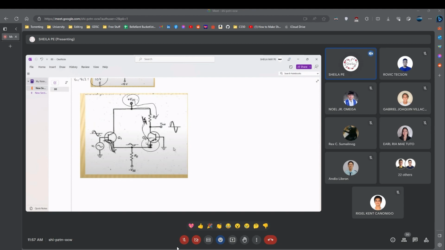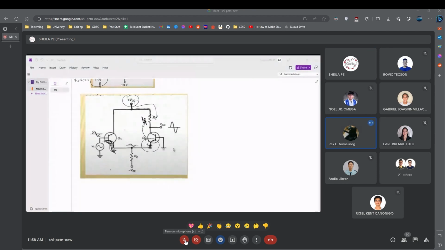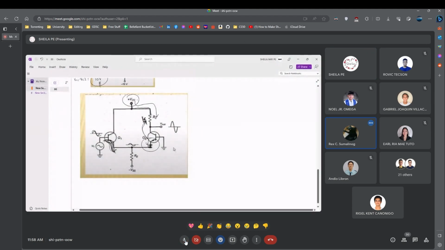When VCC passes here, together with the triggered small signal here, we have an amplified output. Did you get it, class?